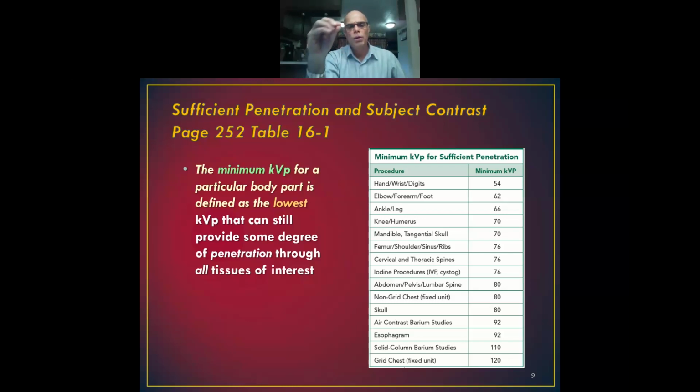But right now, we're talking about how the minimum kVP for a particular body part is defined. And know that by definition, there's going to be an optimal kVP, but this is the minimum. This is the least amount of kVP that you can use to ensure that you have gotten penetration through the anatomy and you have stretched out that scale of contrast as far as you can go with it.